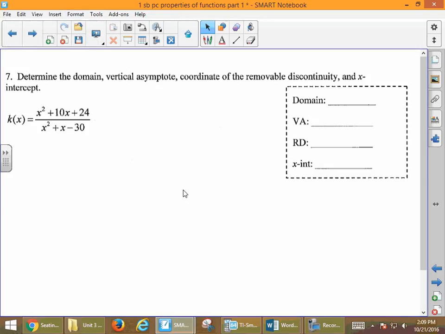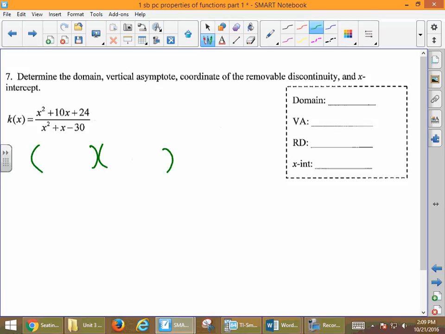So let's try another one here. Determine the domain, the vertical asymptote, the coordinate of the removable discontinuity, and the x-intercept. So let's go back and factor here so that we can identify pieces of this function that we need to help us solve. If we take x squared plus 10x plus 24, then we factor.